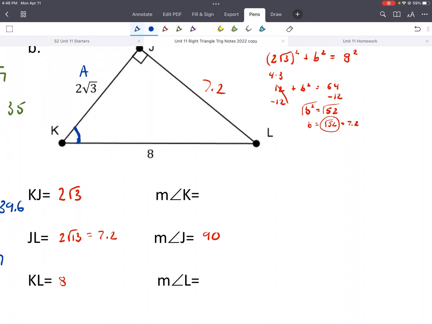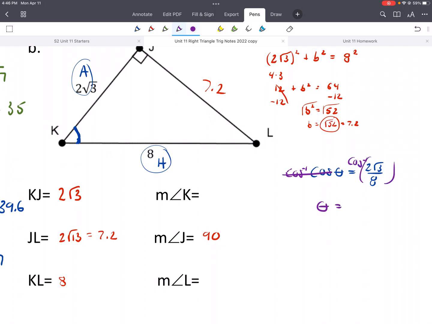This would be adjacent, and this would be the hypotenuse. So what uses adjacent and hypotenuse is cosine. So cosine of theta is equal to adjacent over hypotenuse. So 2 square roots of 3 over 8. Again, if we want to get theta by itself, we'd use the cosine inverse of both sides.